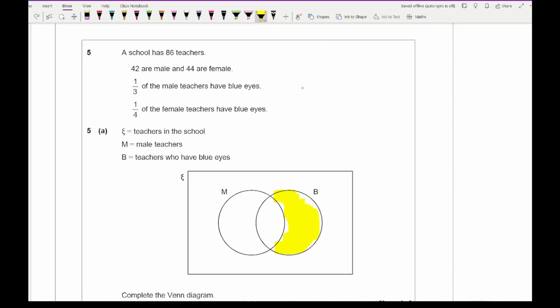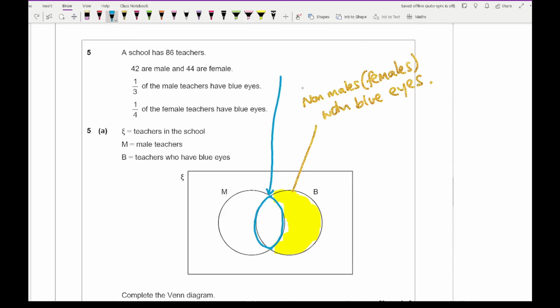is, and I'll do my best to colour code it. So this region here are non-males, in other words females, with blue eyes. This region here are males with blue eyes.